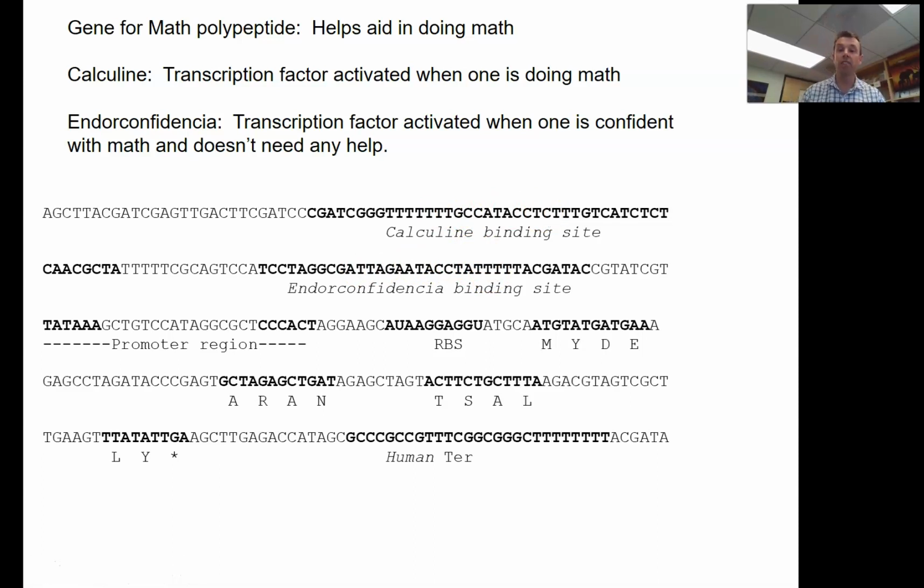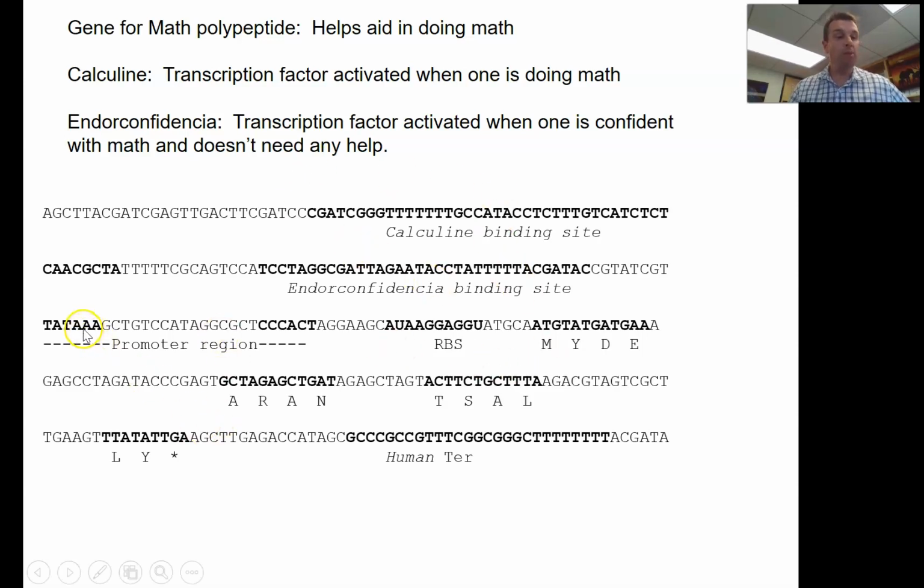So the only time this will be on is when you have the enhancer active because you're doing math, and you have the silencer inactive because you're not already confident. All right, hopefully that makes a little bit of sense, but these are just planting seeds for what you're going to learn throughout the rest of your science career. So don't worry if it's not 100% concrete yet.